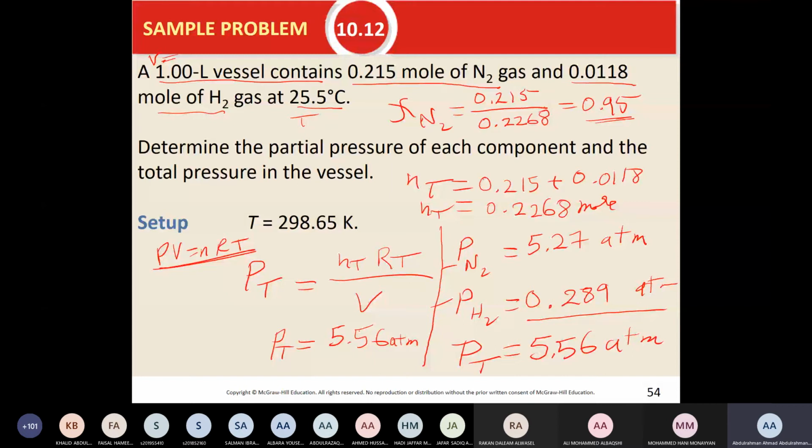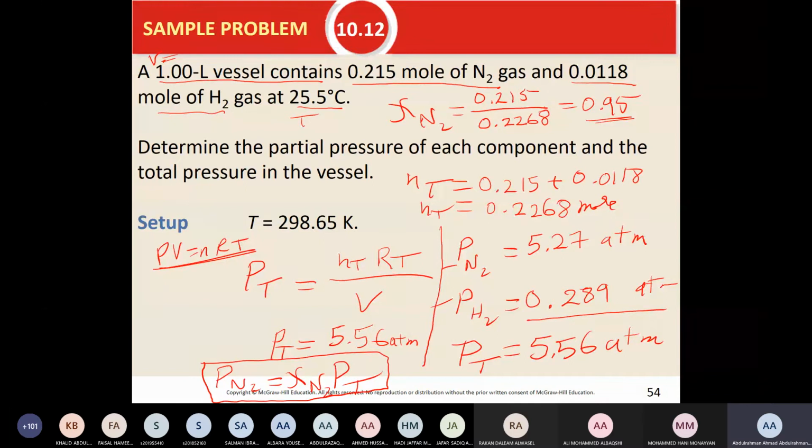Now, I want you to tell me what's the pressure of nitrogen only based on this. It's equal to the mole fraction of nitrogen times P total. This is another way to look at Dalton law.